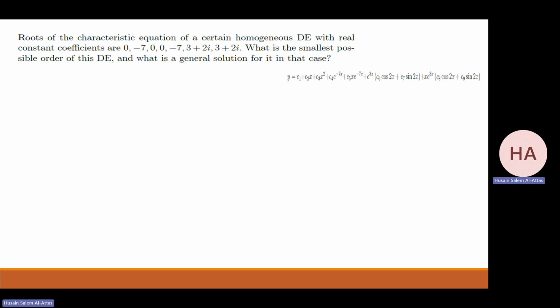Okay. Roots of the characteristic equation for a certain homogeneous equation with real constant coefficients are those. These are the roots. He gave us the roots. What is the smallest possible order of the differential equation? Be careful. Let me rewrite the roots. I have 0, repeated 3 times, minus 7 and minus 7, and 3 plus 2i and 3 plus 2i.